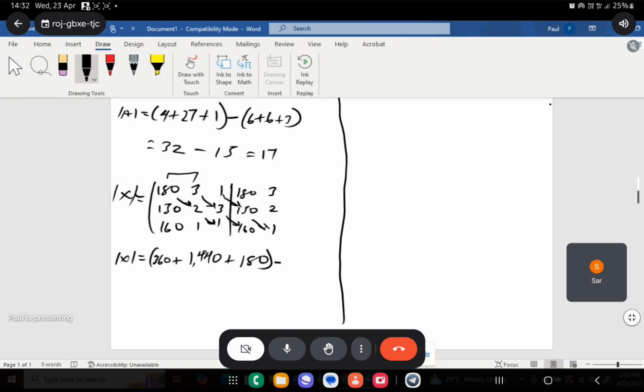The subtraction becomes 3 times 150 times 1, which is 450. The second one will be 180 times 3 times 1, which is 540. Then the last one being 1 times 2 times 160. So 160 times 2 is 320. Please, you understand?